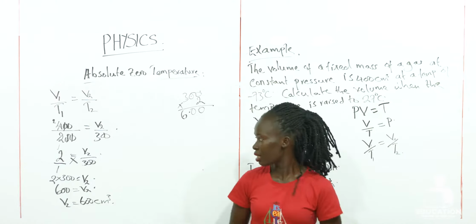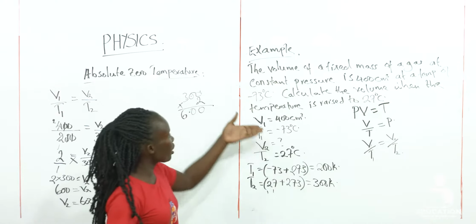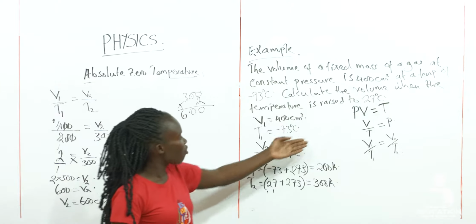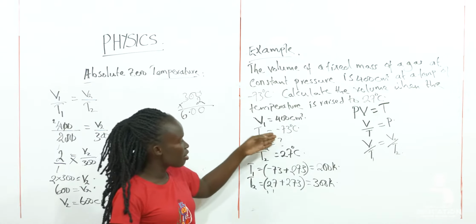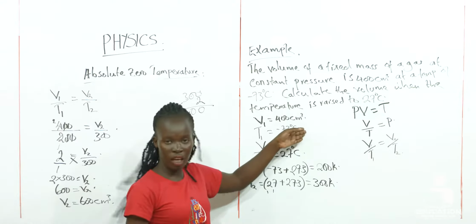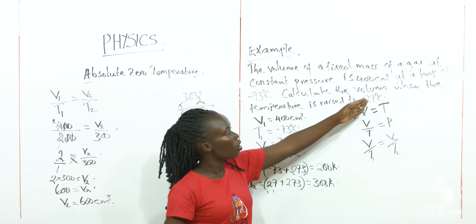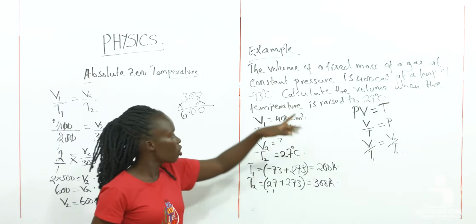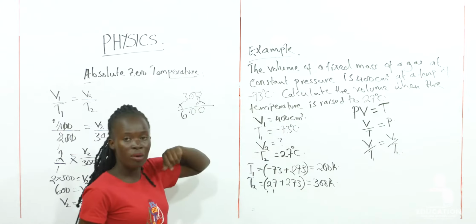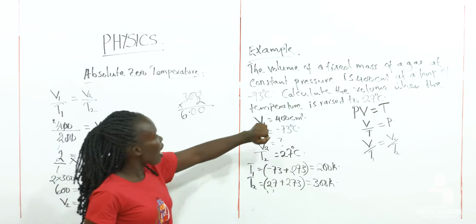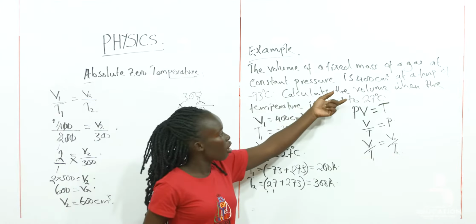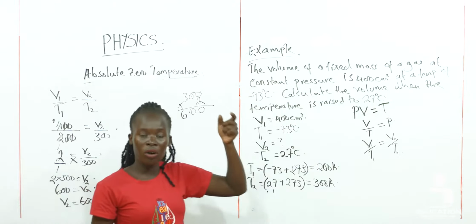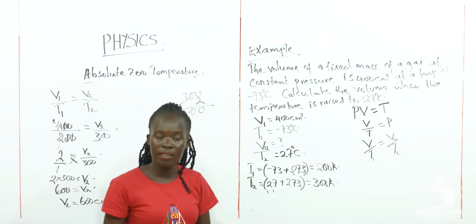So you see that when you increase the temperature of this gas from negative 73 degrees Celsius to 27 degrees Celsius, what happens to the volume of this gas? You see that at first the volume was 400 centimeters cubed. That was before varying its temperature.